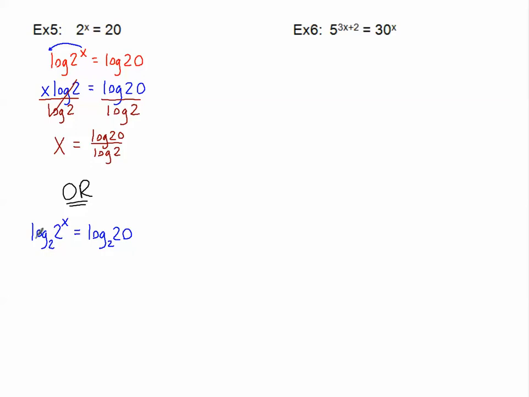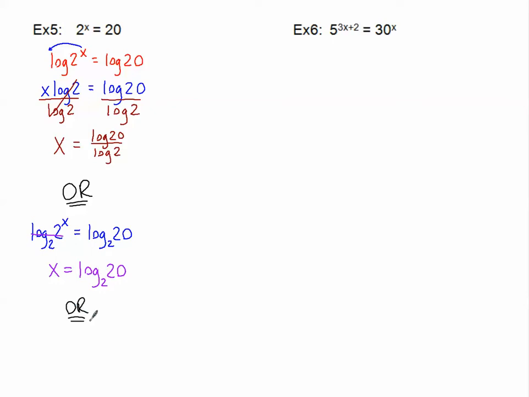The log base 2 kind of cancels out this base 2, and we're just left with x. And x would be equal to the log base 2 of 20. And we know that the change of base formula says that the log base 2 of 20 is equal to the common log of the number 20 divided by the common log of the base 2. So we know that these two things will be the same, and we can plug that into the calculator.